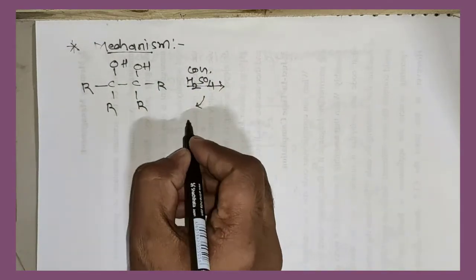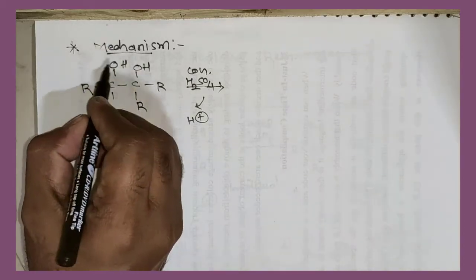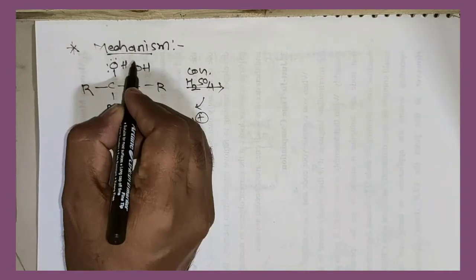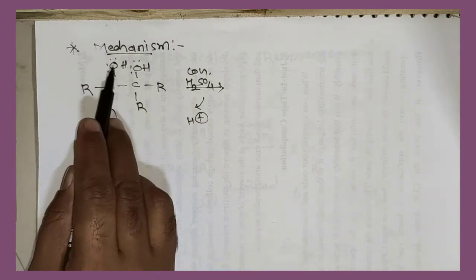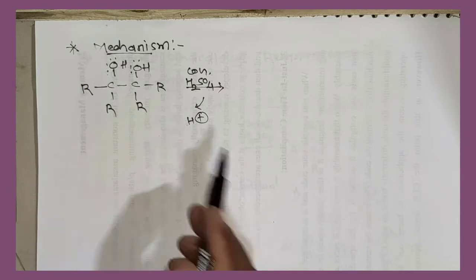Acid always donates H plus. H plus attacks the site where electron density is maximum. So here there are two OH groups, and oxygen carries two lone pairs of electrons. So here one lone pair of electrons of oxygen attacks the H plus.